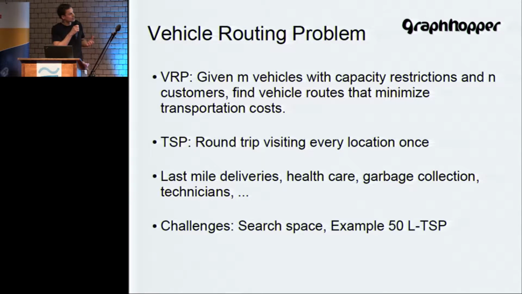And these problems occur basically everywhere where people, services, and goods are moved through space. For example, these problems occur in last mile deliveries of food.